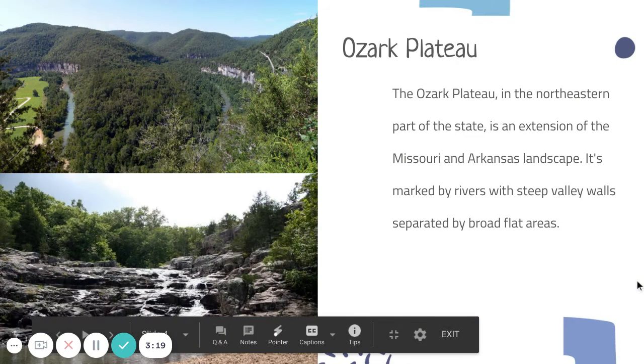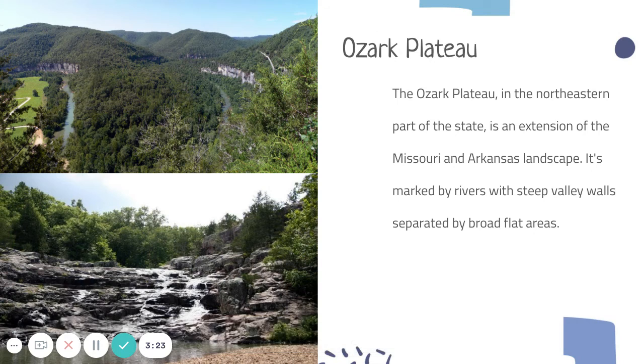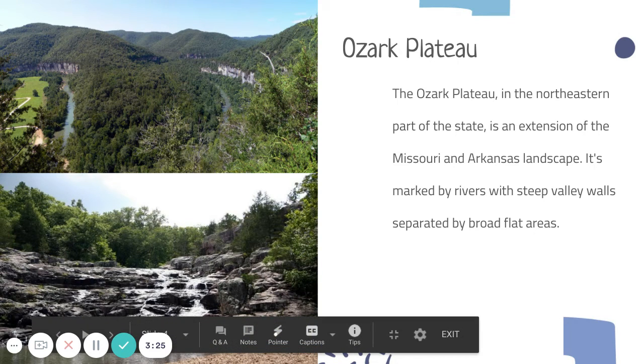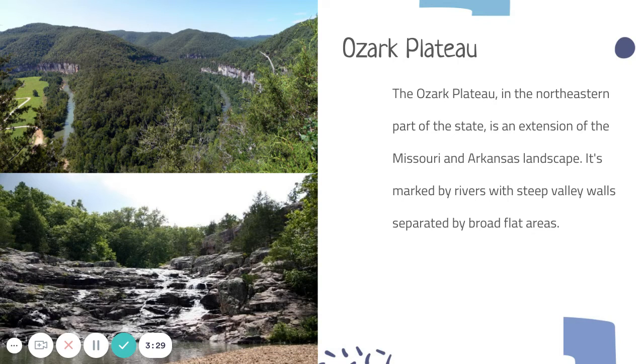Well, when we head into this, we see that the Ozark Plateau, which is going to be near Missouri and Arkansas, up in that northern region, is filled with rivers and these steep valleys. Look at these images.